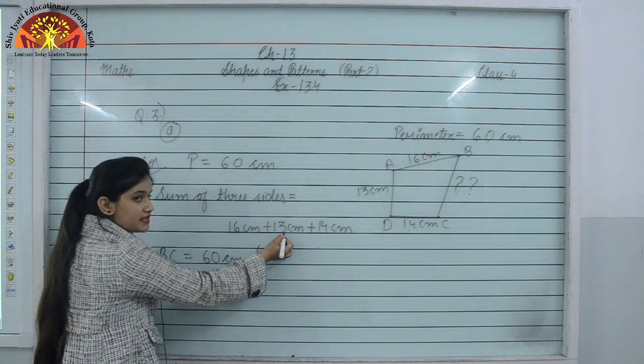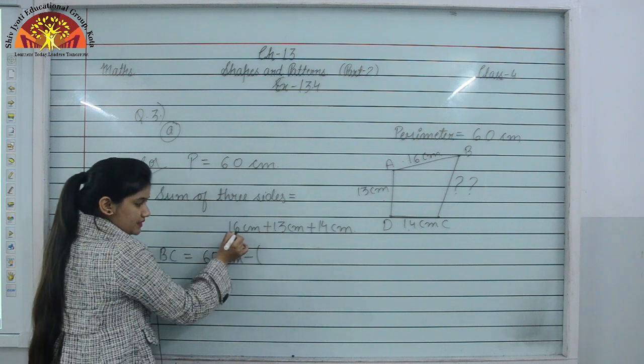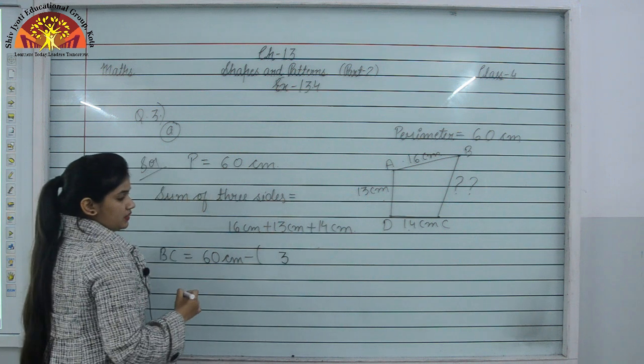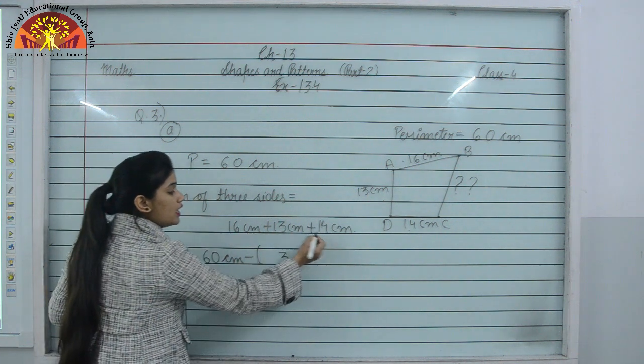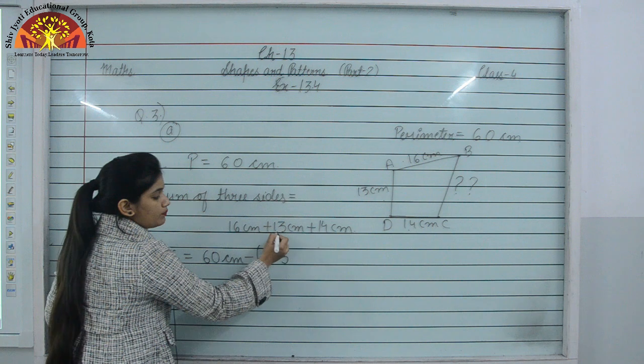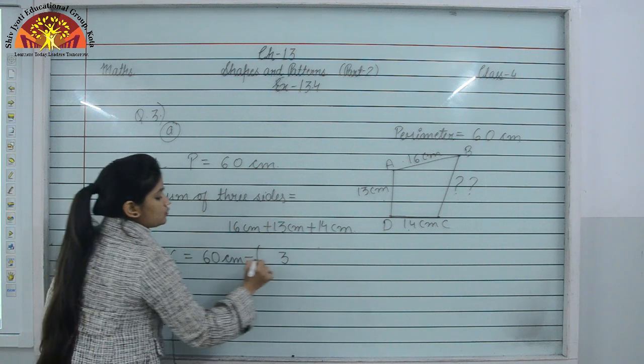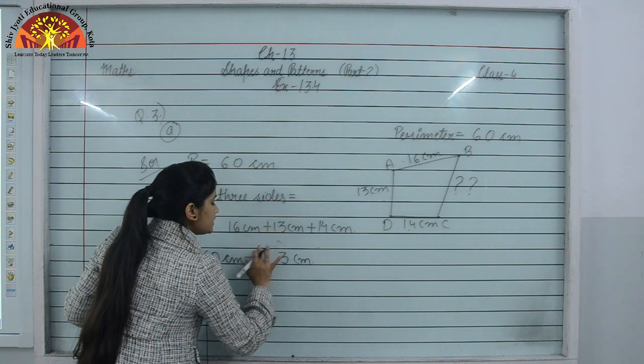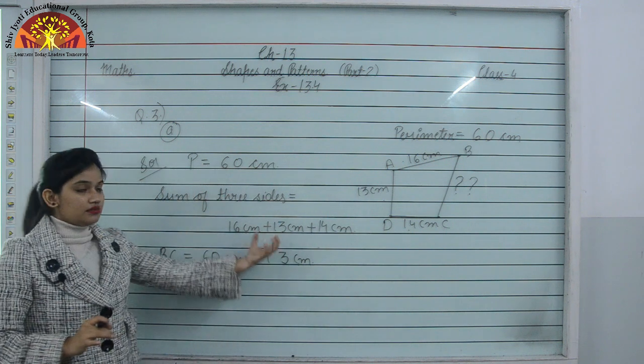4 plus 3 is 7. 7 plus 6 is 13. So I will write 3 here and 1 carry over. Now 1 plus 1 is 2, plus 1 is 3, plus 1 is 4. So this is the sum of these 3 sides.